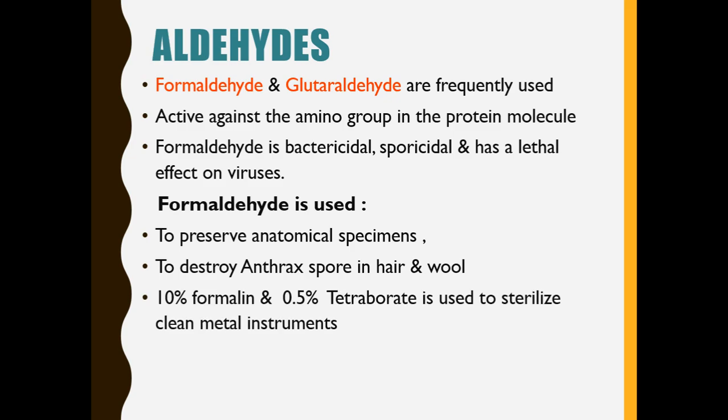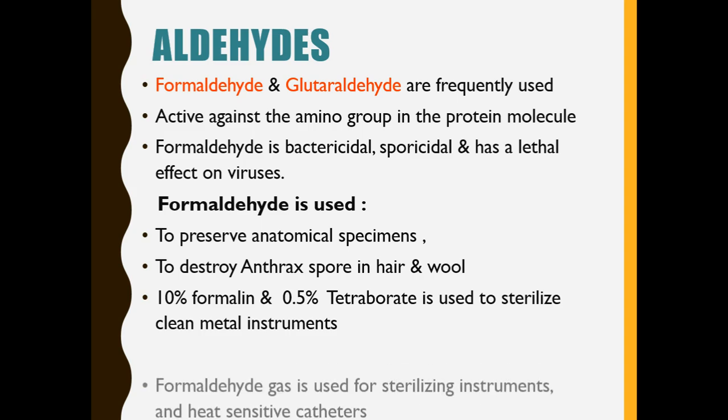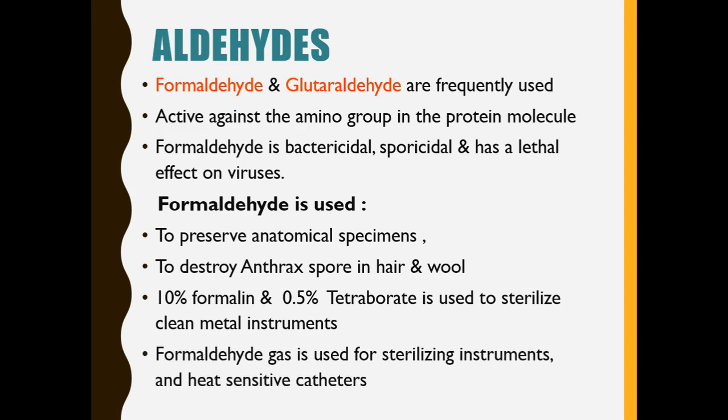The next one is a combination of 10% formalin and 0.5% tetraborate, which is used to sterilize clean metal instruments. Next, formaldehyde in the gas form is used for sterilizing instruments and heat sensitive catheters.